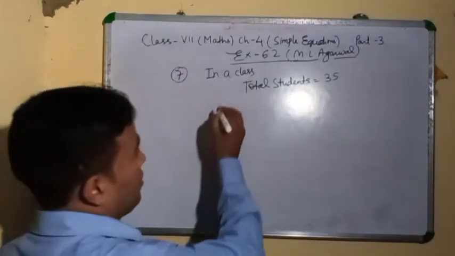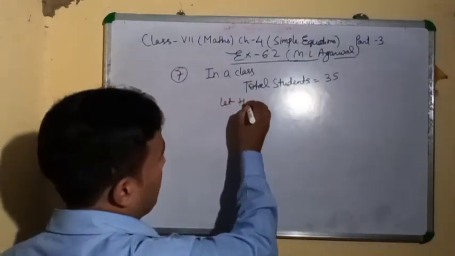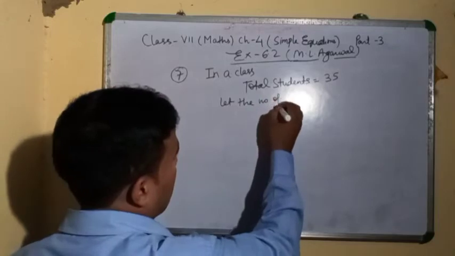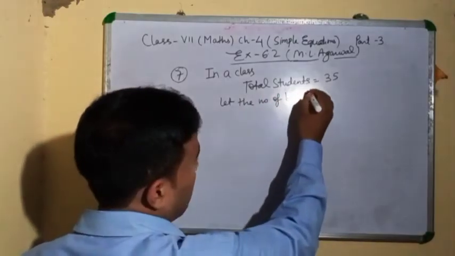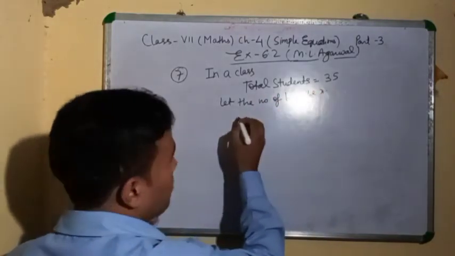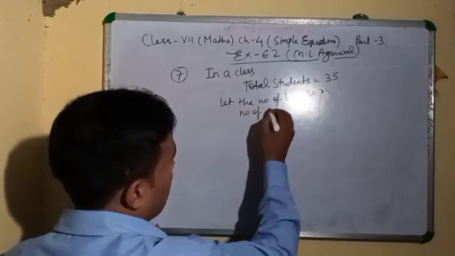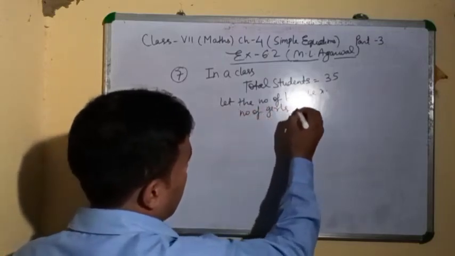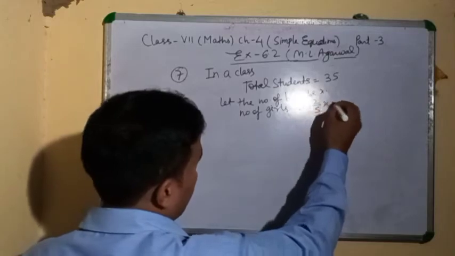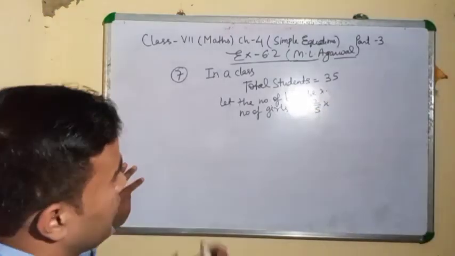Means let the number of boys be x, number of girls be 2/5x. Clear?